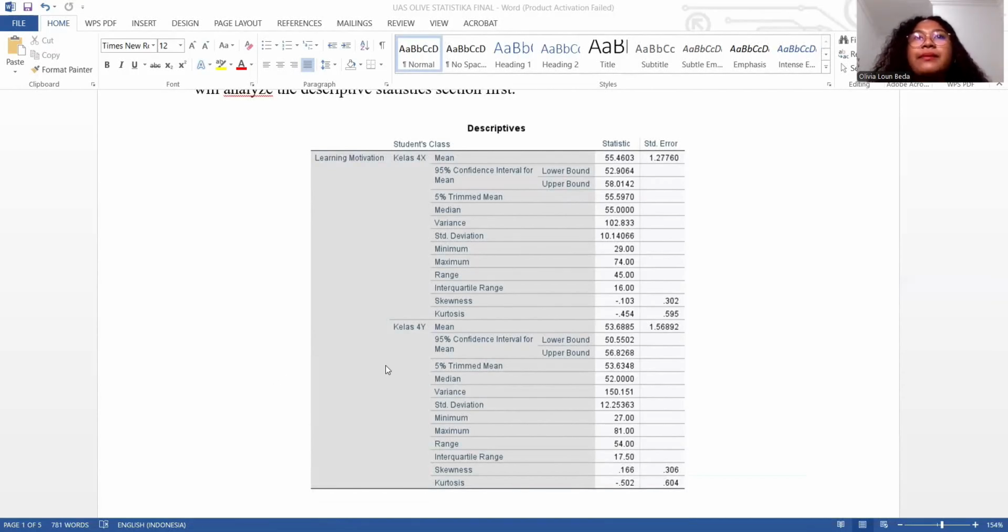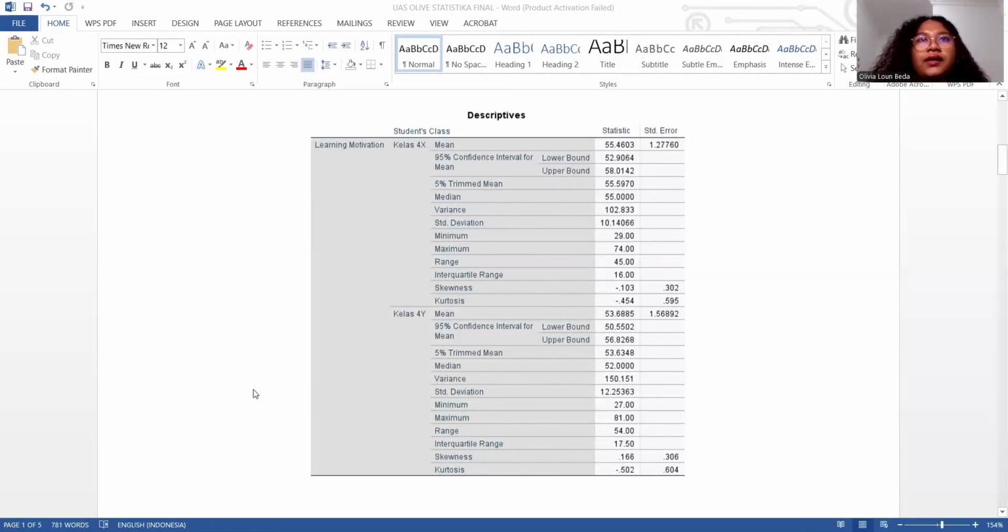As you can see here, this is the descriptive statistics. You can find this table before the t-test table. Let's analyze this table. First, let's talk about the mean. These two classes have different means.